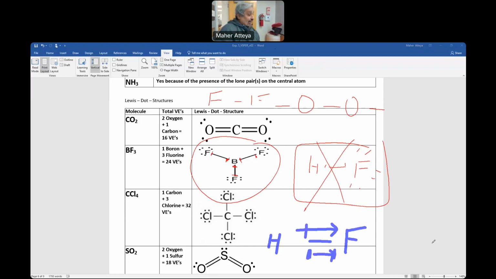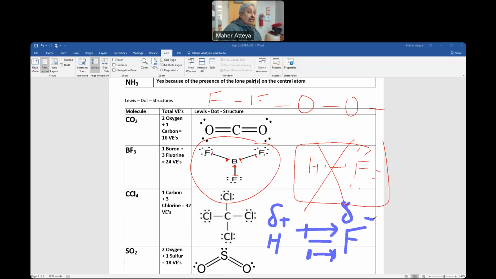So hydrogen feels, I'm losing my valence electron, I don't have it. So it resides more towards fluorine. Therefore, this one will appear positive, is losing. This one will appear negative, is gaining, partially negative. So this looks like an ionic compound, but made not of metal and non-metal, made of two non-metal atoms.